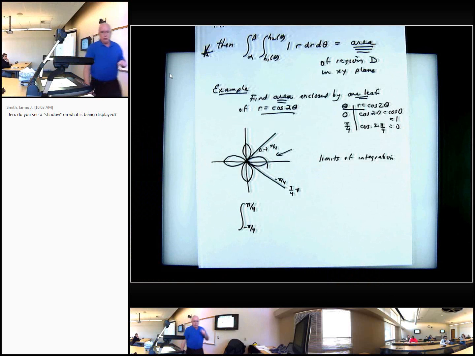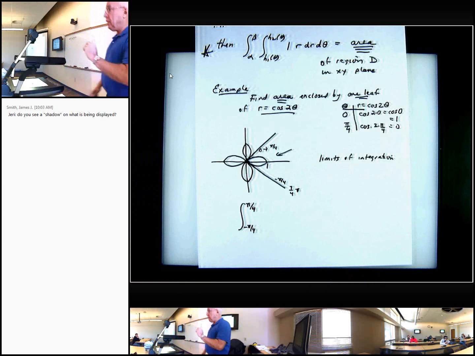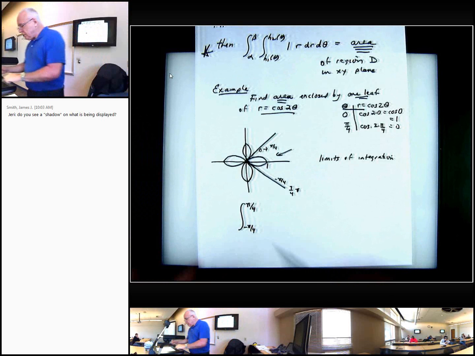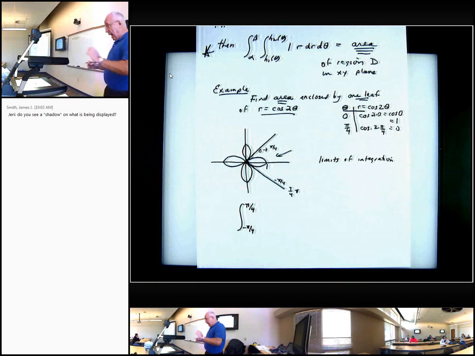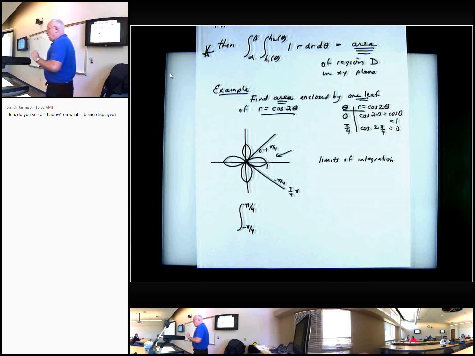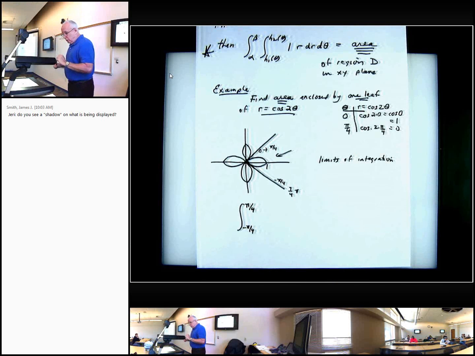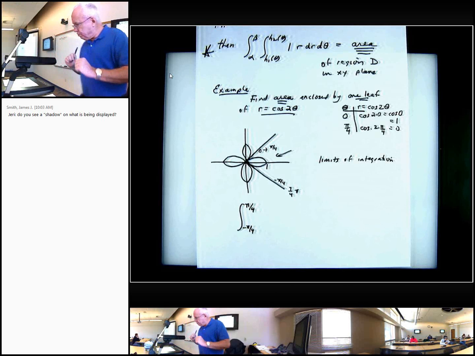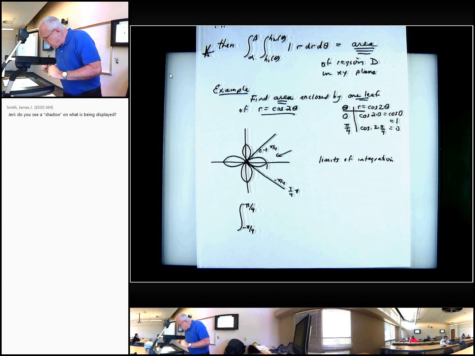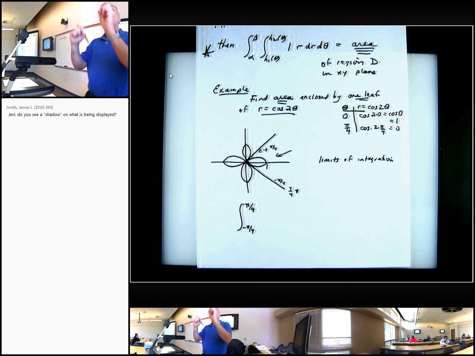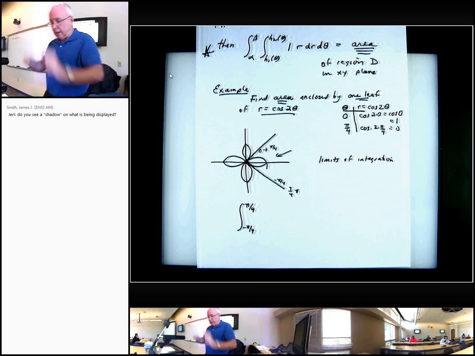That's where I realized that the difference between these two angles has to be less than 2 pi. It has to be between 0 and 2 pi.